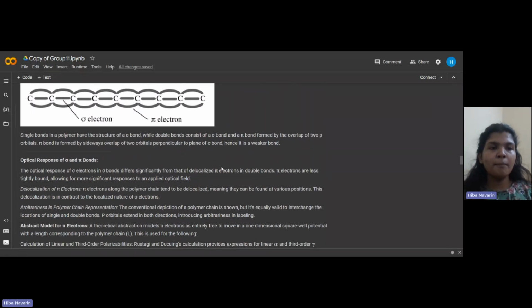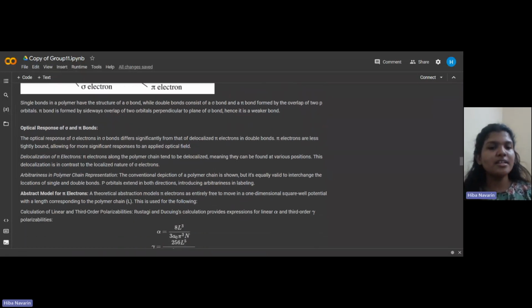We can see a pi bond is usually formed by the sideways overlap of two p orbitals, and the sigma bond is always formed axially, in the direction of approach of the two molecules, but the pi bond is formed perpendicular to that plane, and it is a weaker bond. That is why it is a weaker bond.